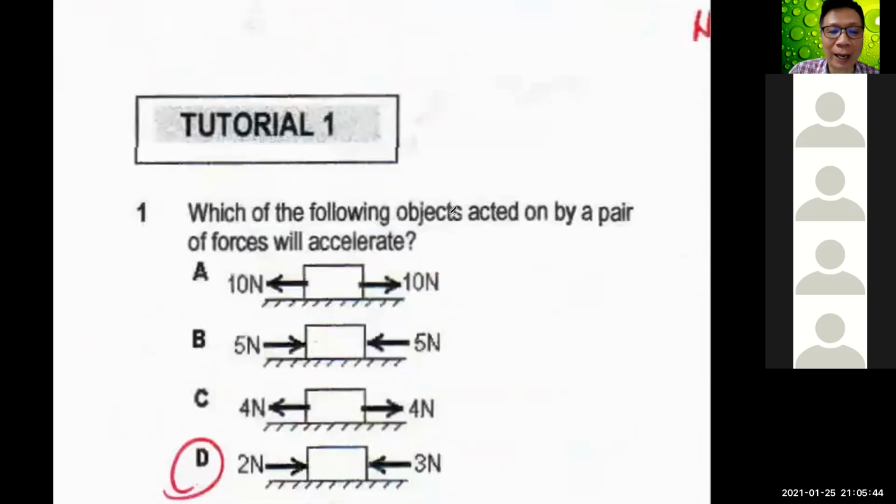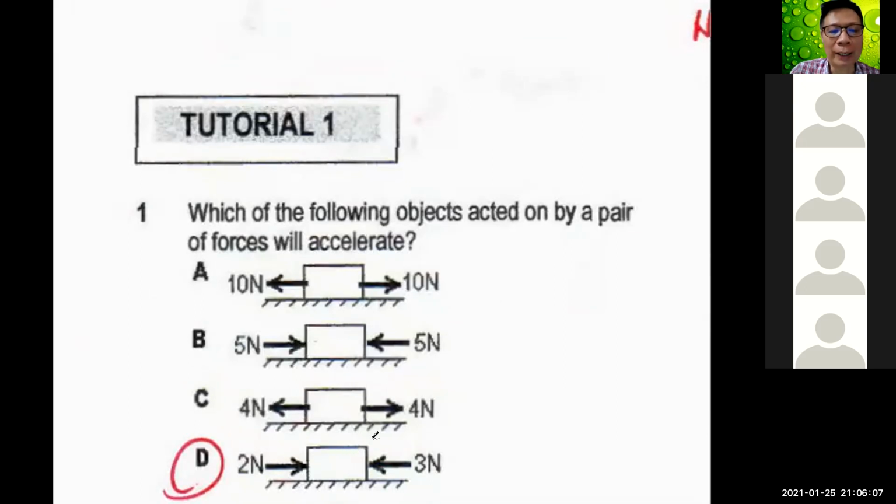Okay, you see, your answer is correct. The rest are all zero. See, 10 to the left, 10 to the right, they cancel, 0. This one 5 to the right, 5 to the left, opposite direction, also cancel, 0. This one to the left, to the right, opposite, when you combine, also 0, except this one.